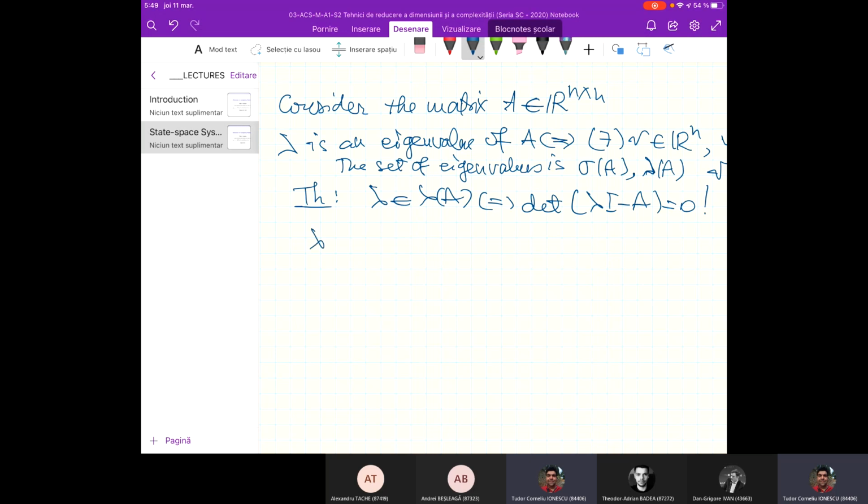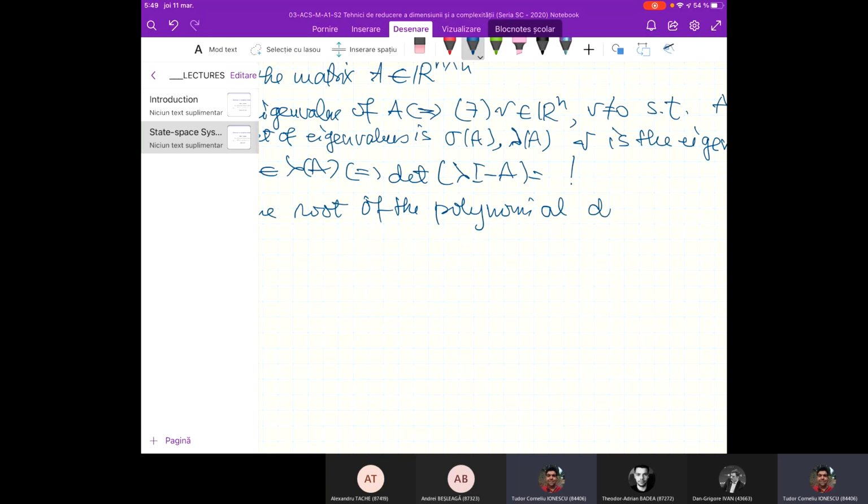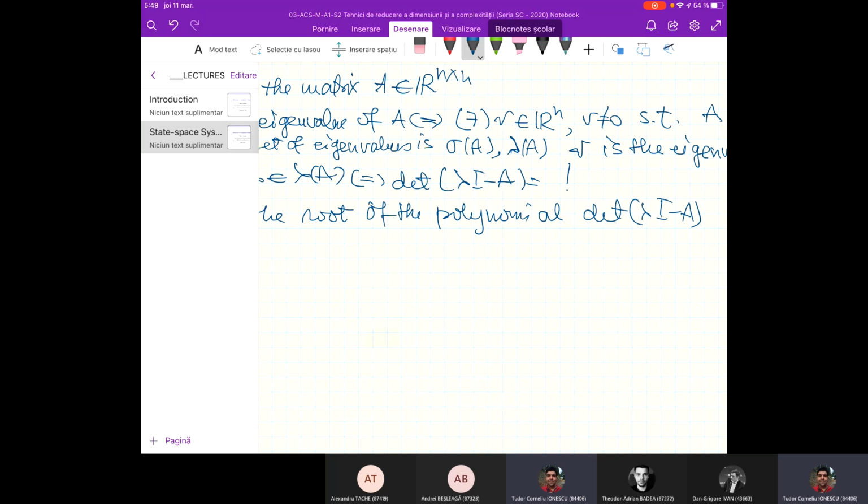So lambda is a root of the polynomial det(lambda I minus A). This is a polynomial function.